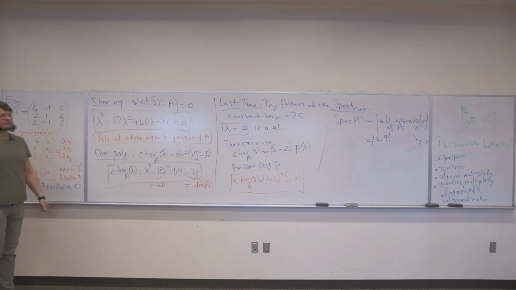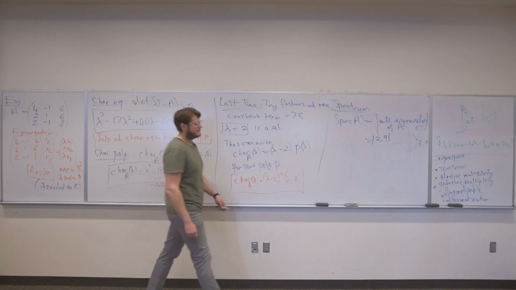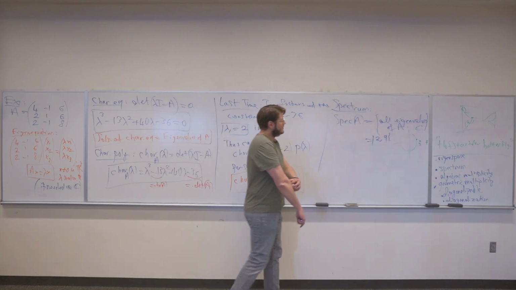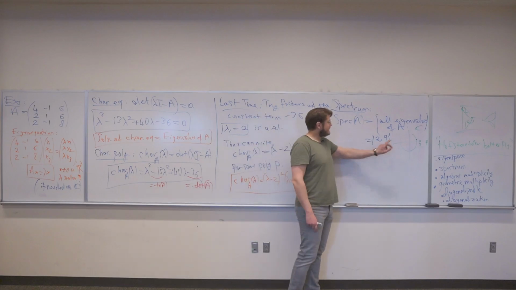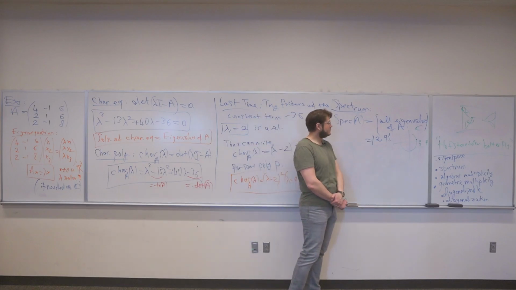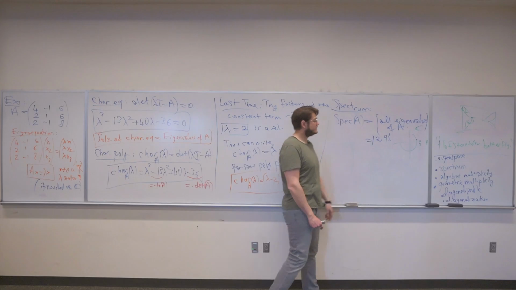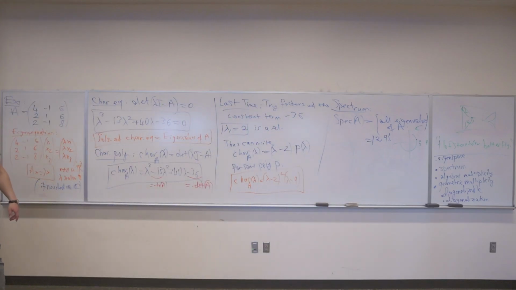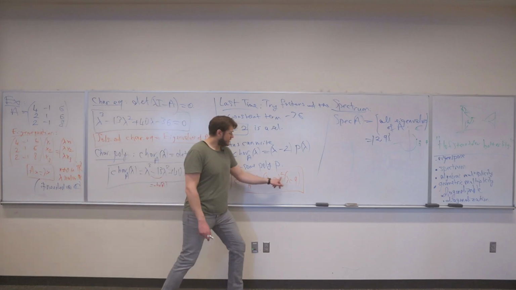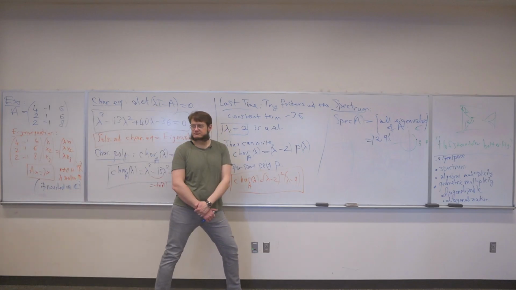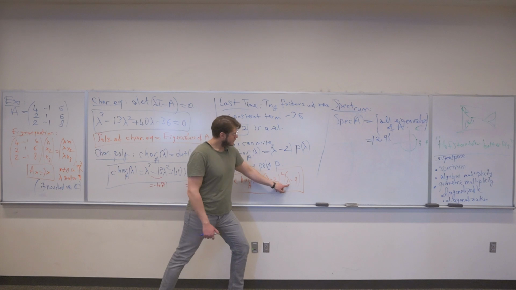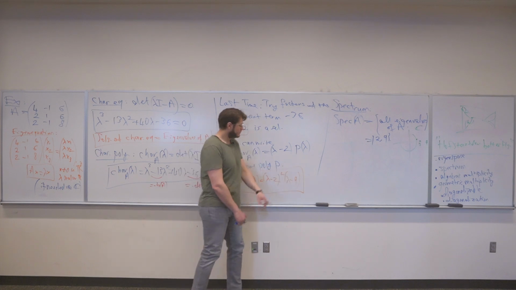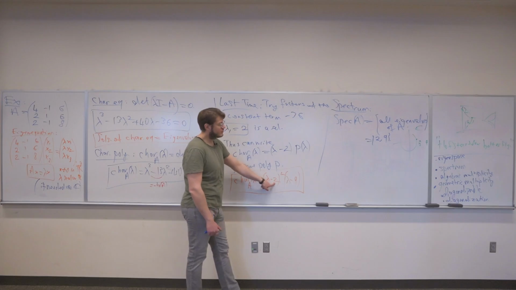Because of that, people use the term algebraic multiplicity. In this case, you can say A has two distinct eigenvalues. One of them is 2, the other one is 9. The eigenvalue 2 has algebraic multiplicity 2, because in the characteristic polynomial I see the exponent to be 2. Here, the exponent is 1, so the algebraic multiplicity of 9 is 1. On the other hand, the algebraic multiplicity of 2 is 2.